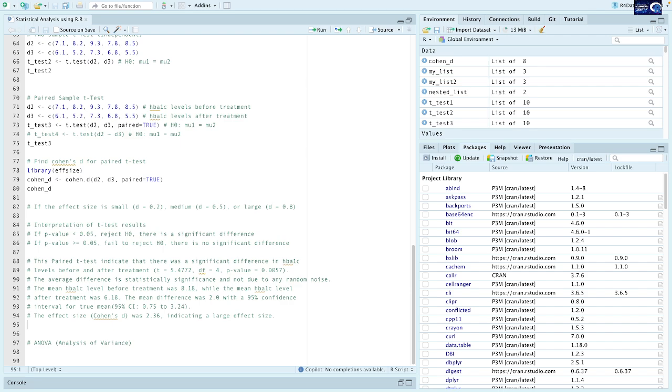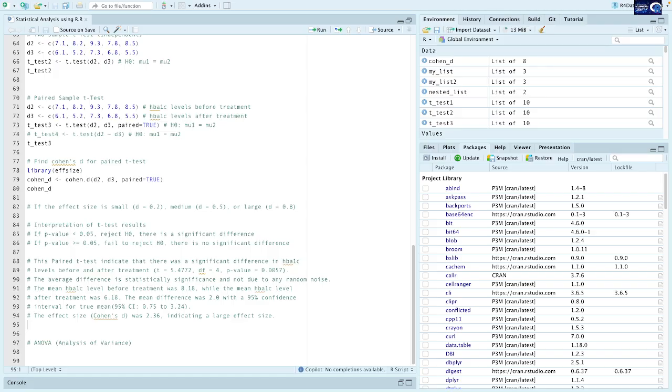Now, there is a very important question: why is ANOVA called analysis of variance when it actually compares the means?